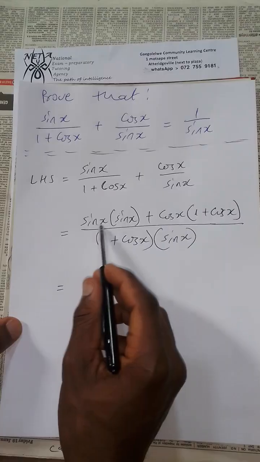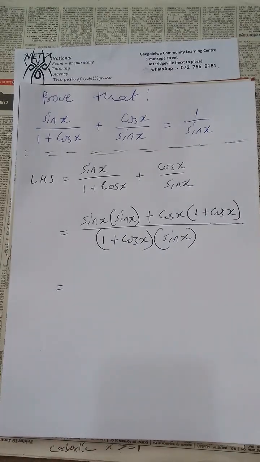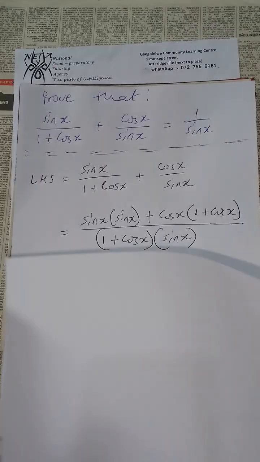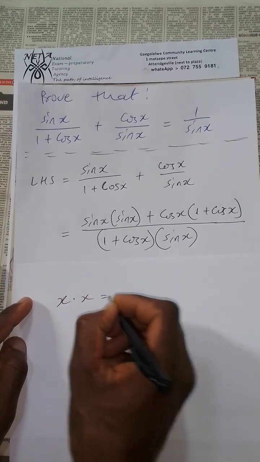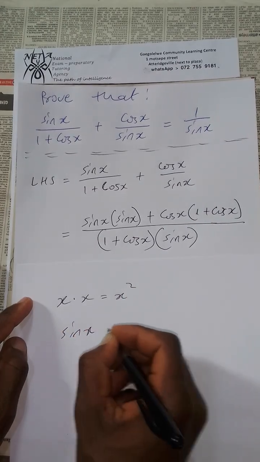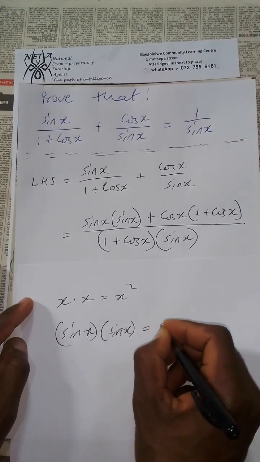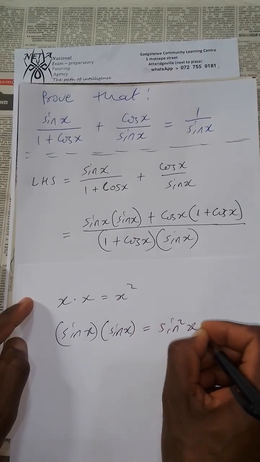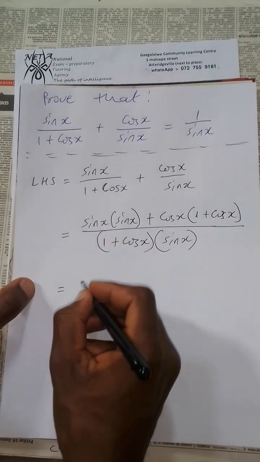Now we're going to say sin x times sin x. And there is one thing that I also want to show you. The mere fact that x multiplied by x equals x squared, the same thing happens to sin x times sin x. When you multiply them, you get sin squared x. So the same thing will happen this side.